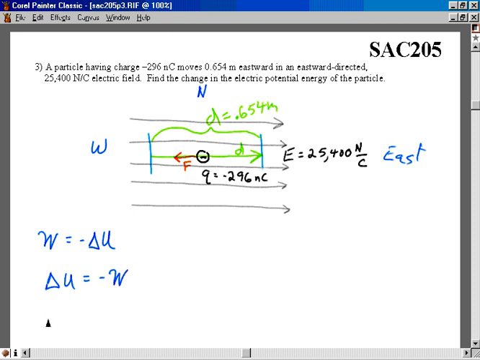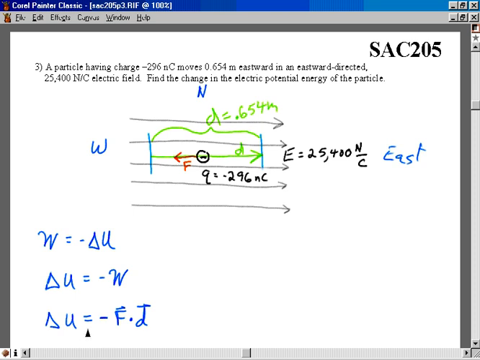And of course, work we can calculate as force times distance. It's actually the dot product of the force and the displacement vector in a case where they're both constant.